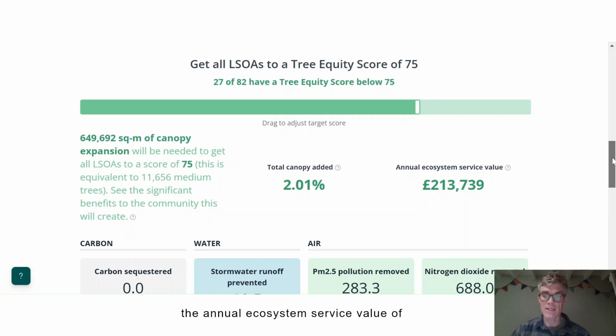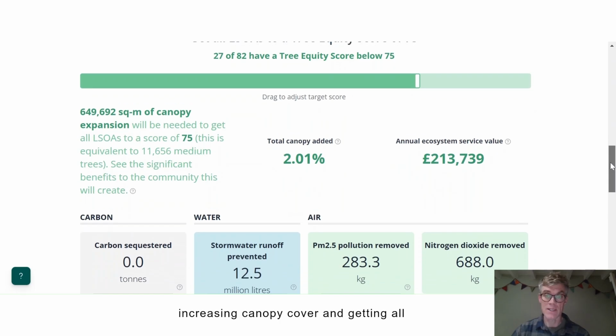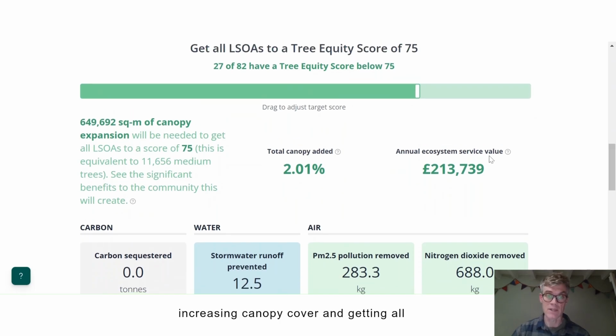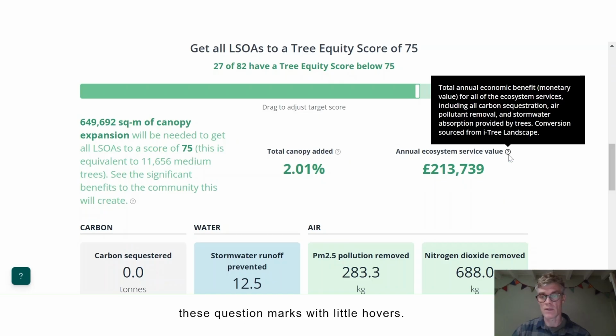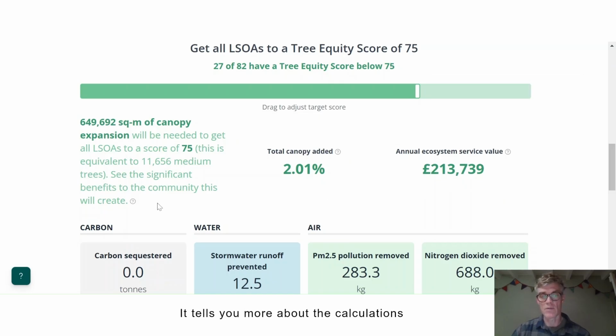And the annual ecosystem service value of increasing canopy cover and getting all those LSOAs to a tree equity score of 75 is just over £200,000 annually. So the tool usefully has these question marks with little hovers, which tells you more about the calculations. So you can have a look at those when you explore the tool.